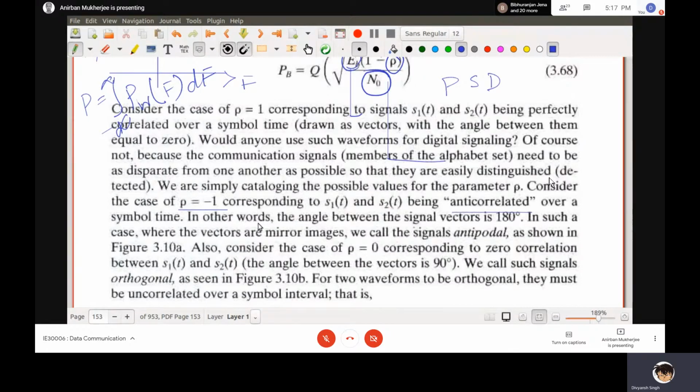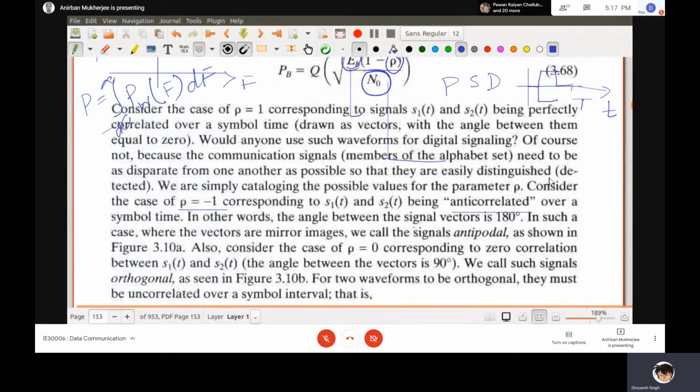Say S1(t) is plus A and S2(t) is minus A. So in that case I am choosing my signal for some T. This T, say S1(t) is something like this and S2(t) is something like this. Then this will be an anti-correlated signal.